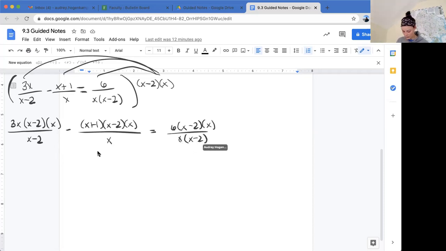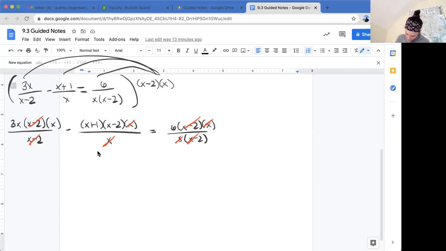And then beautifully, I see that in my first term, I get a nice little cancellation of x minus 2. In my next term, I get a cancellation of x. And in my final term, x minus 2 and x both cancel. So take a second and see how you get from step 1 to step 2 and how that eliminates your denominators, okay? Because we can't solve for x if it's in the denominator. Doesn't work. So we got to get it out of there.